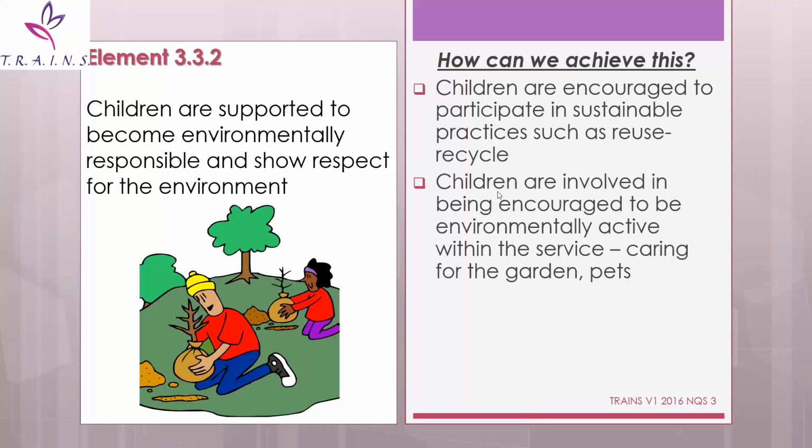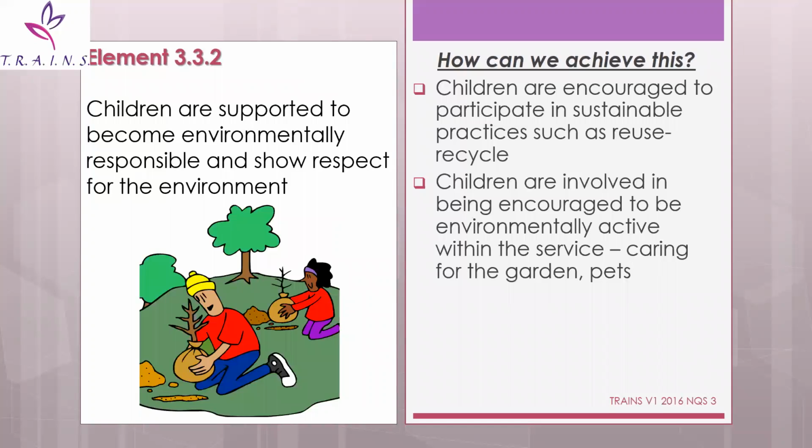Children are encouraged to be environmentally active within the service, caring for the garden and pets. So many centres might have rabbits or they might have chickens. So we're teaching the children about caring for other living things. And this brings such beautiful lifelong skills when children are learning about animals and the garden and how to care for them.